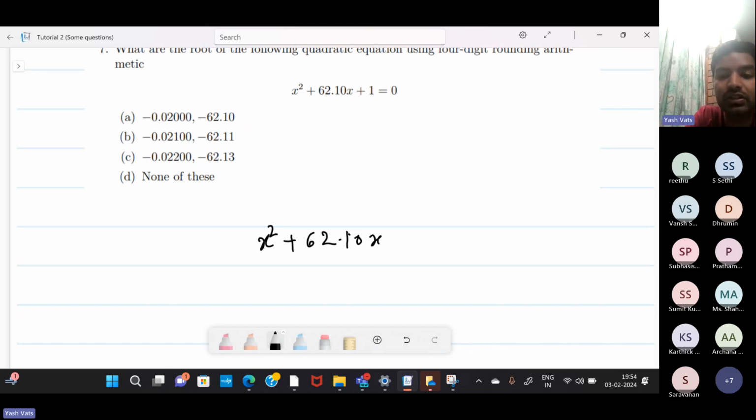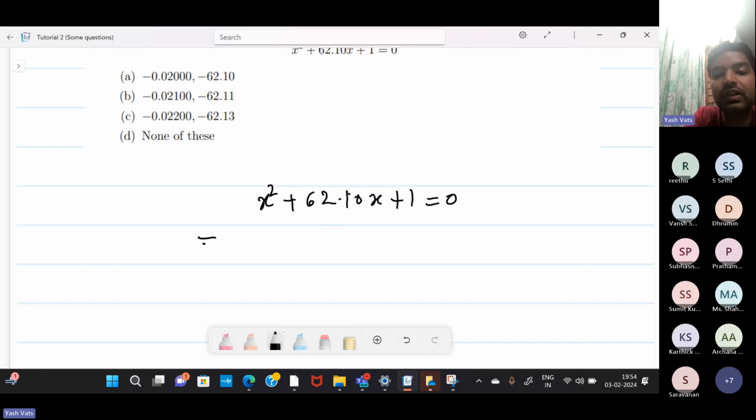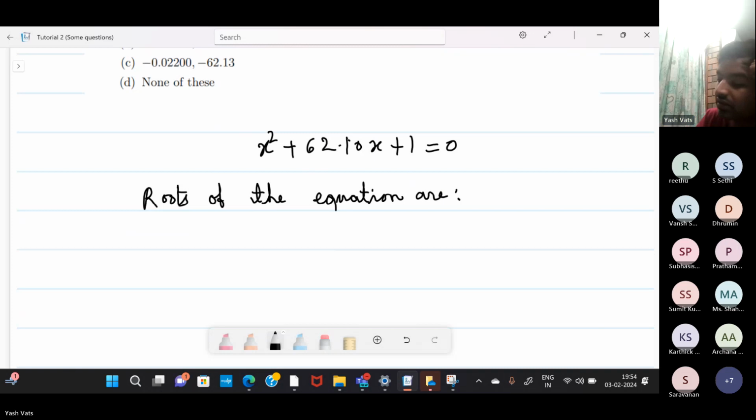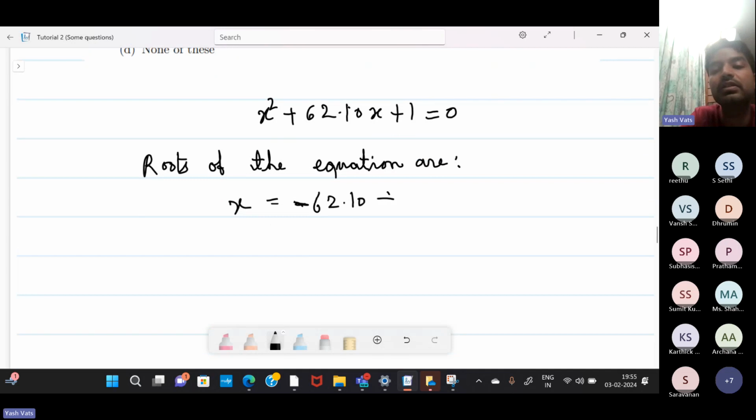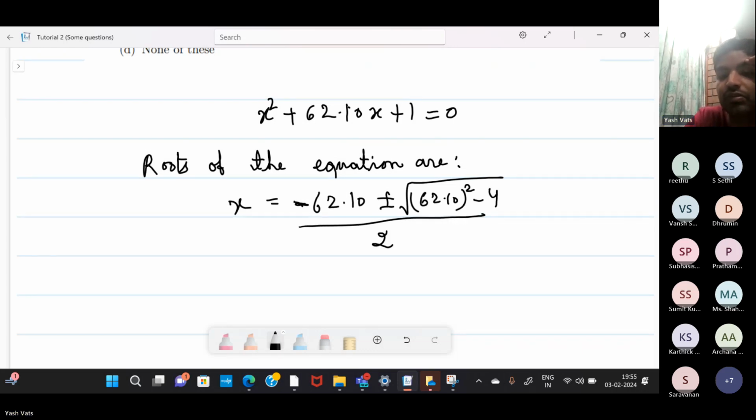This is the equation, and you have, this implies, the roots of the equation are given by this formula: minus b plus minus square root of b squared minus 4ac, divided by 2a, with b being 62.10.